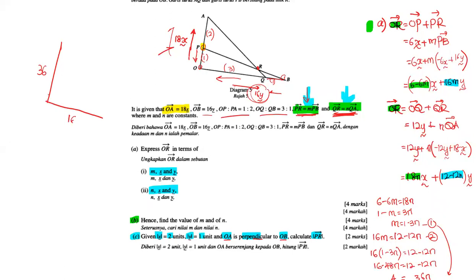Oh, okay, 90 degree. Find the magnitude PR. P go to R. Right? PR.